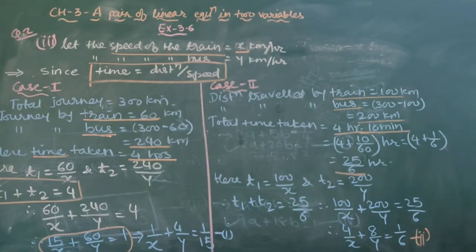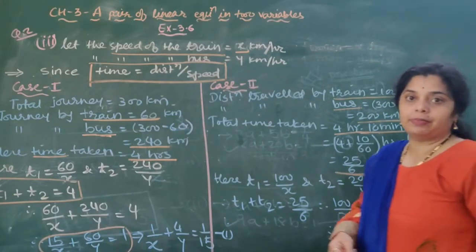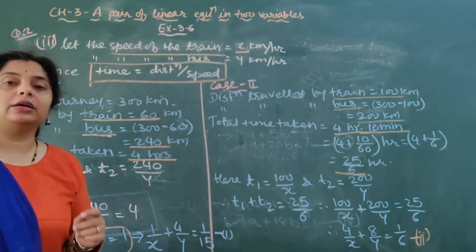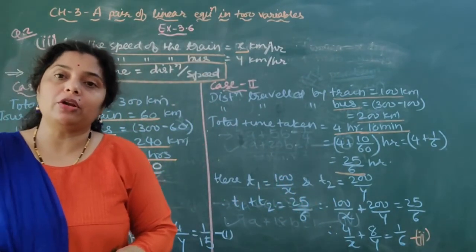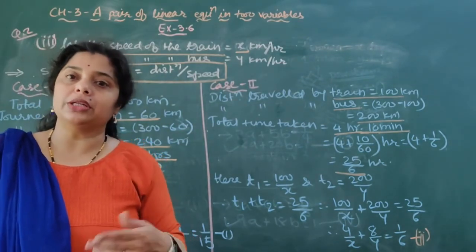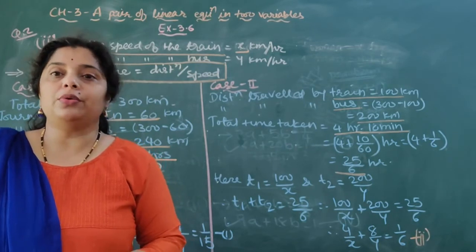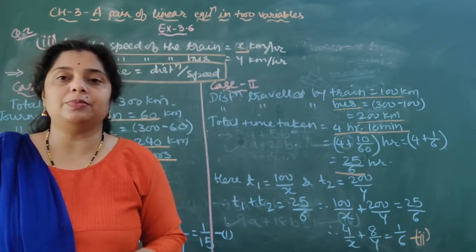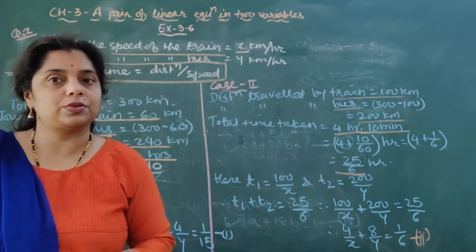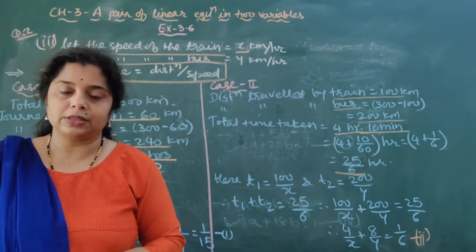And then after taking LCM in both the equations, you can get a pair of linear equations which is in a standard form. And then you can solve and get the values of x and y by any algebraic method, either cross multiplication, elimination or substitution method. Is it clear?